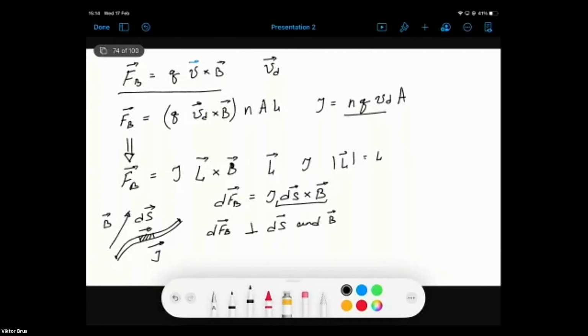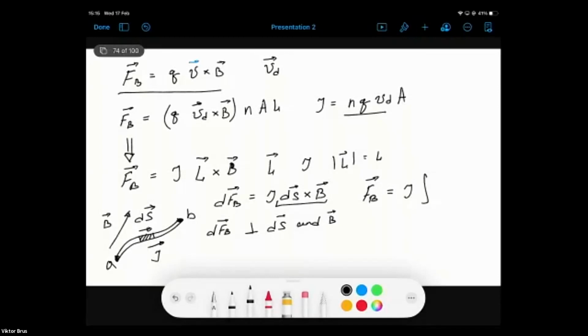So let's say we have point A here and point B. If we want to know the total magnetic force exerted on this conductor from point A to point B, then we will have some integral.